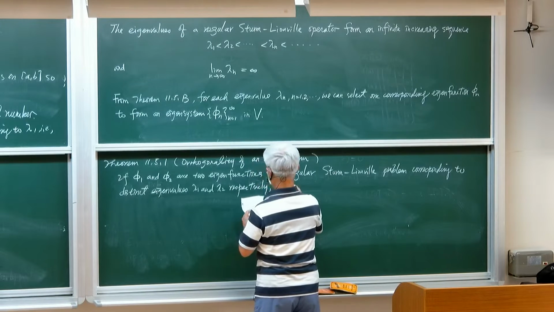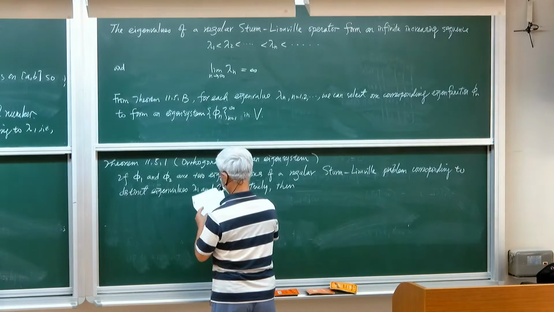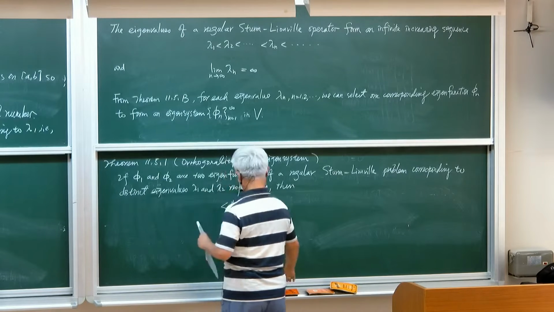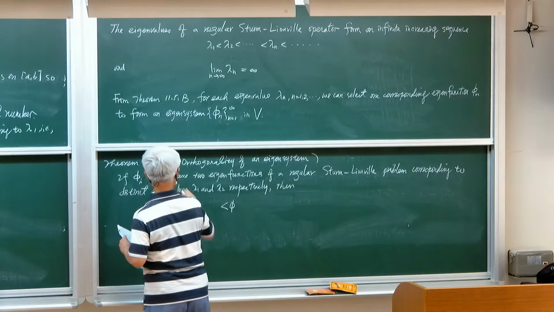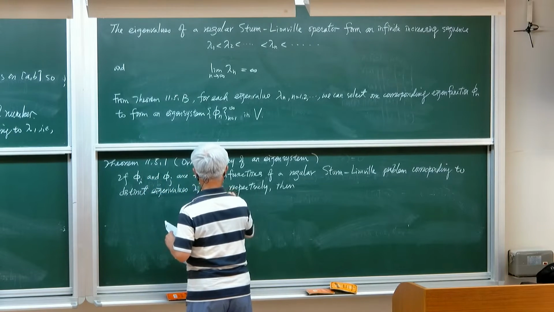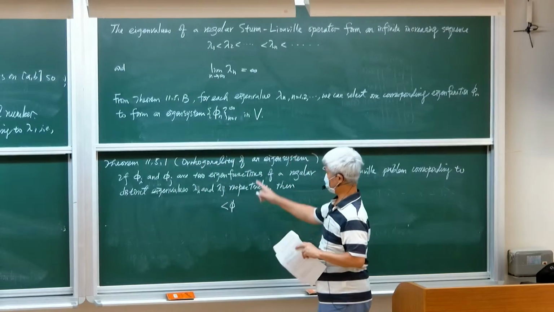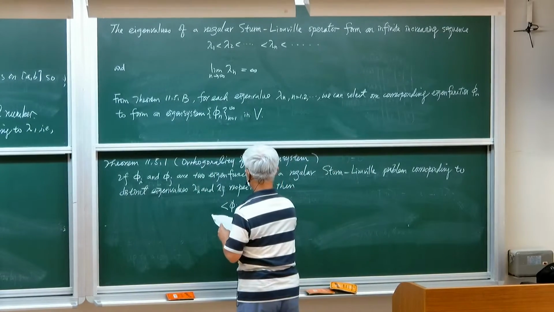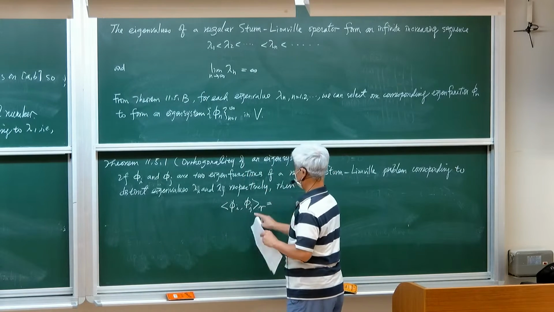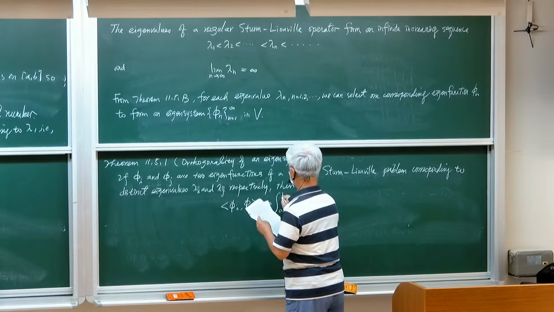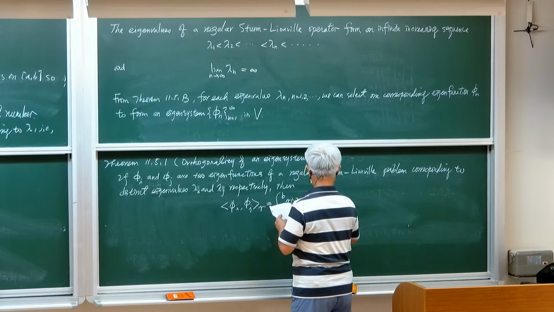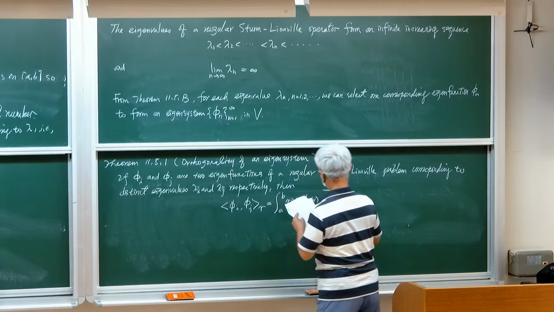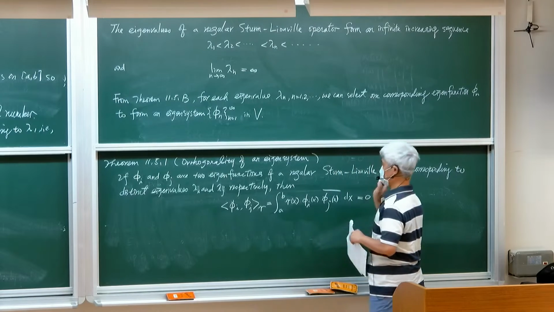Then phi i, phi j, lambda i, lambda j, where i and j are different indices. Then the inner product of phi i and phi j with weighting function r of x, the integral of r(x) phi i(x) phi j(x) bar dx, is equal to 0.